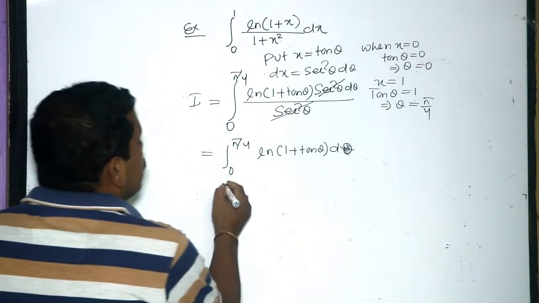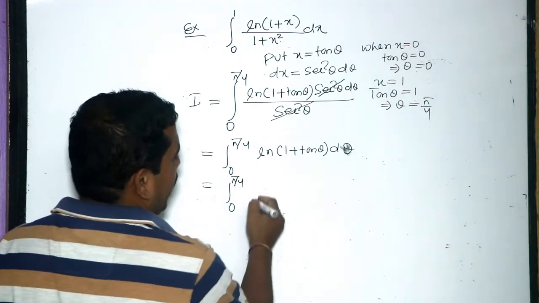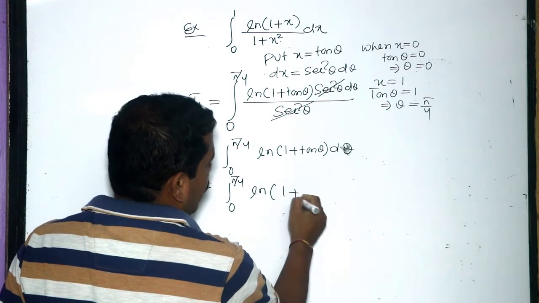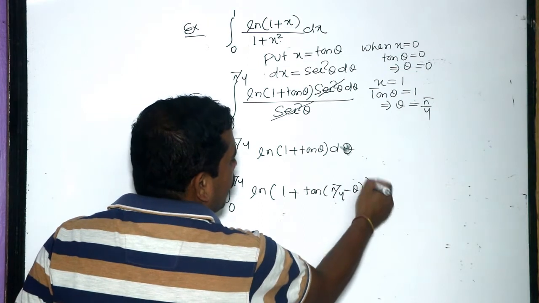Now, using the properties, we have 0 to pi by 4 log(1 plus tan theta) replaced by pi by 4 minus theta.